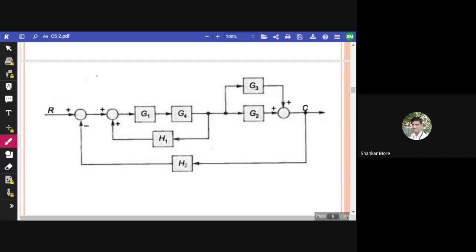So guys, are you drawing or not? If you're not drawing, then I will draw and we will proceed. Okay, Raman has given the SFG. All right, Raman, the SFG you have drawn is a good one. But Raman, here you have taken one node between G1 and G2, which can be reduced, which is not wrong actually, but can be reduced.